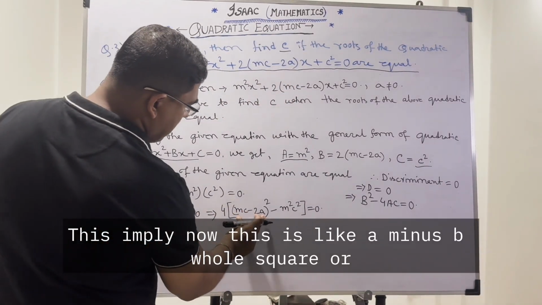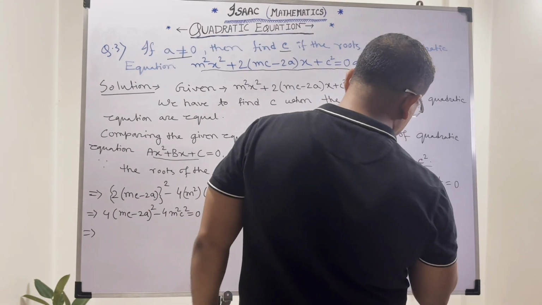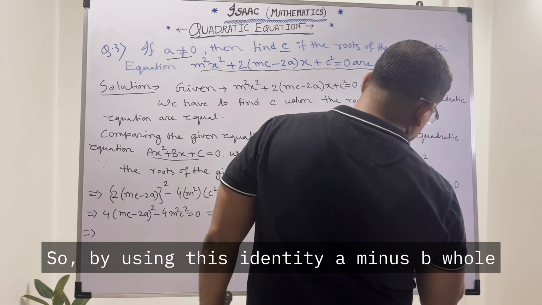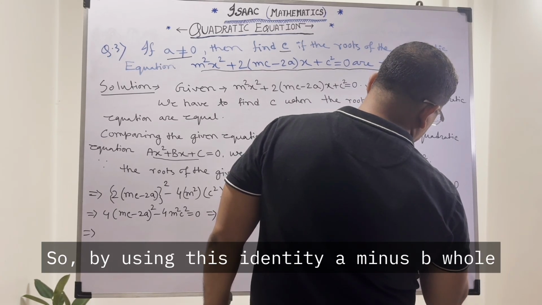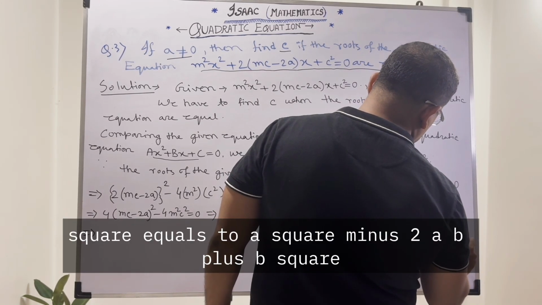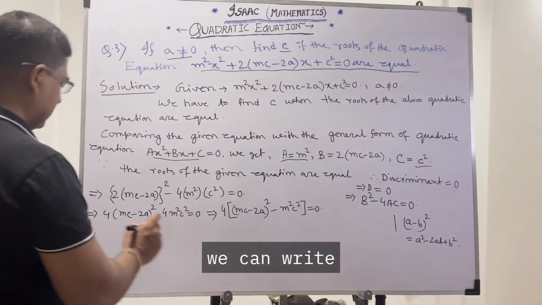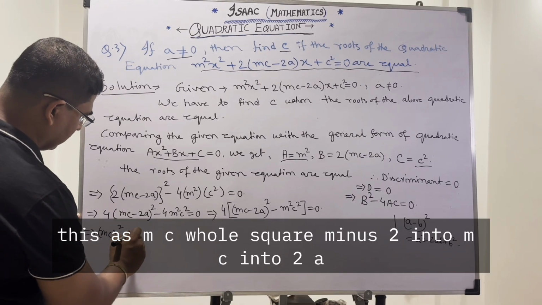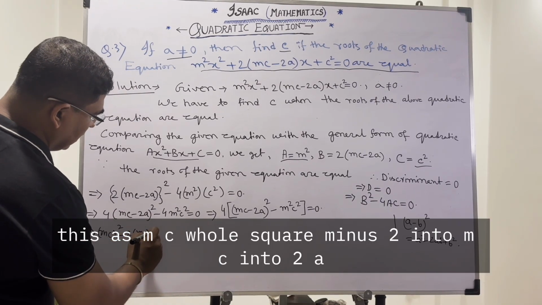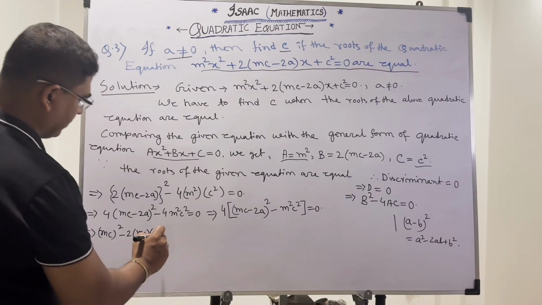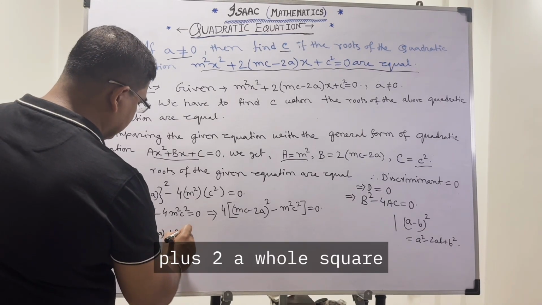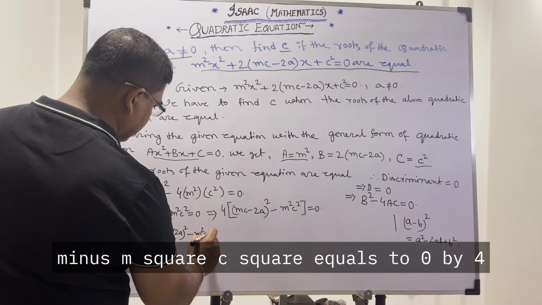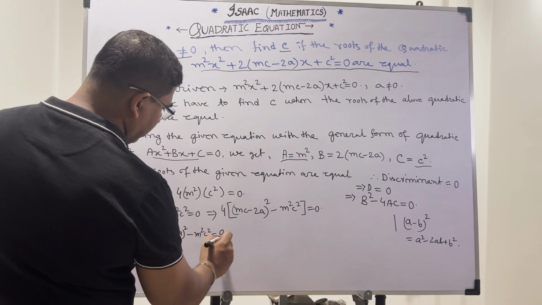Now this is like a minus b whole square, so by using this identity a minus b whole square equals to a square minus 2ab plus b square, we can write this as (mc) whole square minus 2 into mc into 2a plus (2a) whole square minus m square c square equals to 0 by 4.